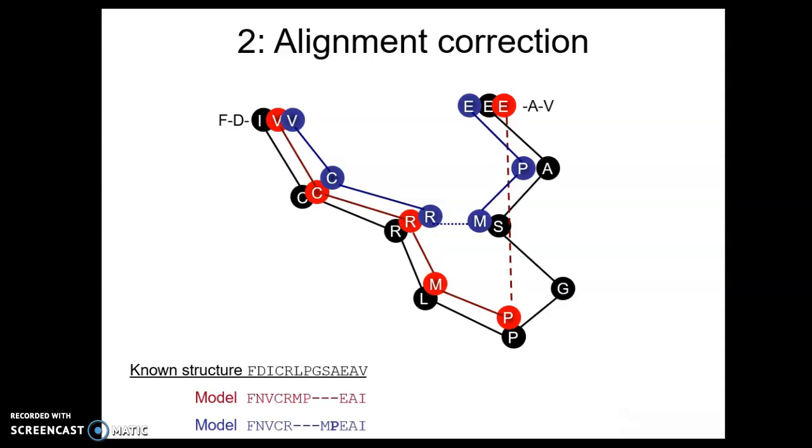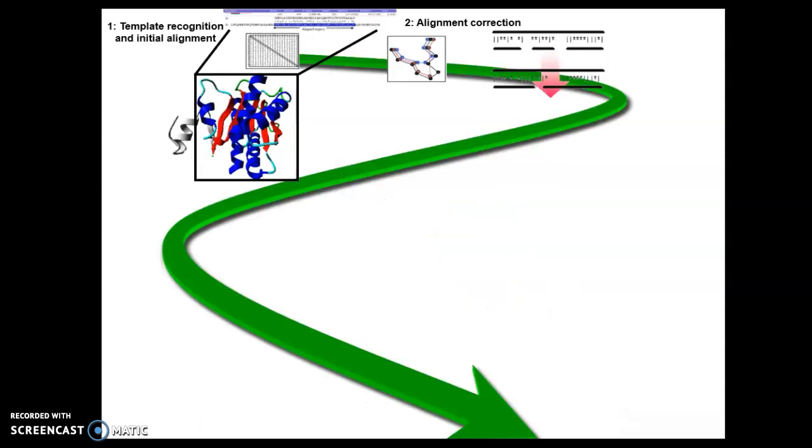So I guess this is explained properly for you, which is the correct alignment. The structure given in blue is the correct alignment. Now the third step is actually forming the backbone generation. What do you mean by backbone?